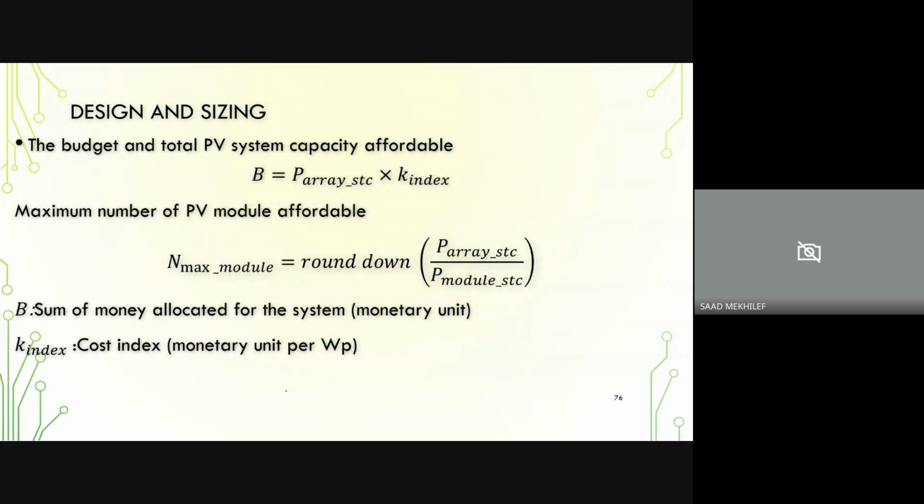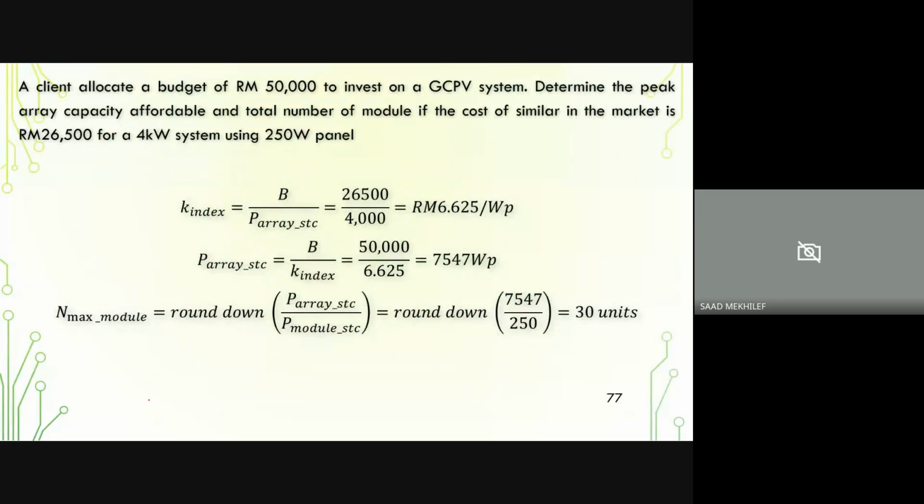In the design, we always look into the budget and the total PV. This is very, very important, because we cannot just design a very expensive system. For example, here we have a client with a budget of 50,000 to invest in a grid-connected PV system.